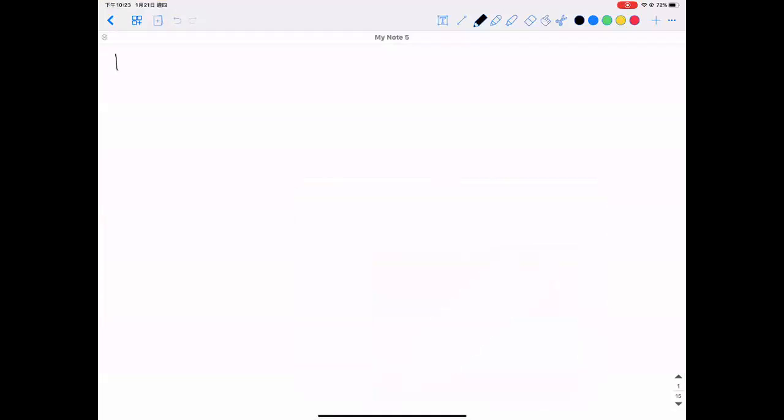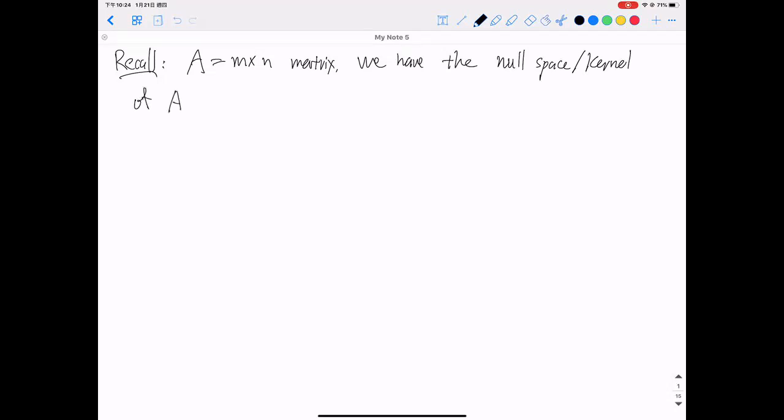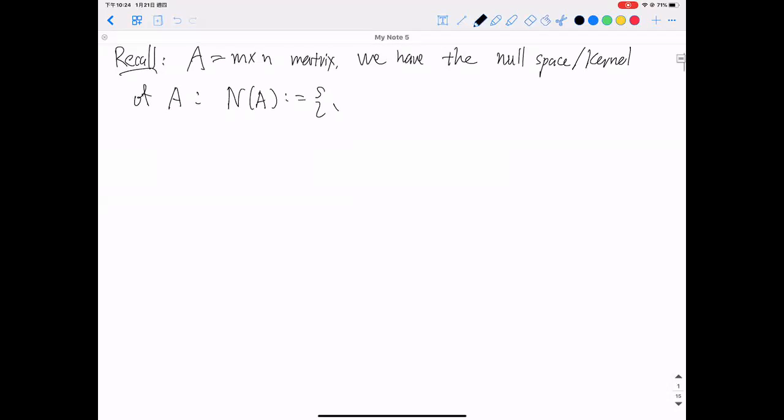Okay, let's recall that for an m by n matrix A, we have the notion of the null space, also known as the kernel of A, which is defined to be the set of all x's in R^n such that Ax is equal to 0, as a subspace of R^n.